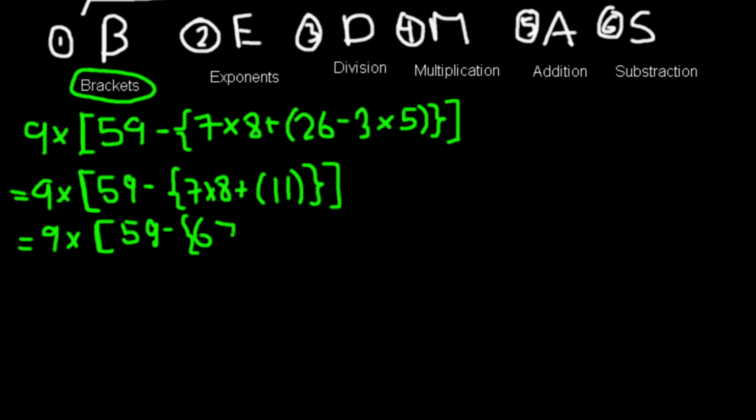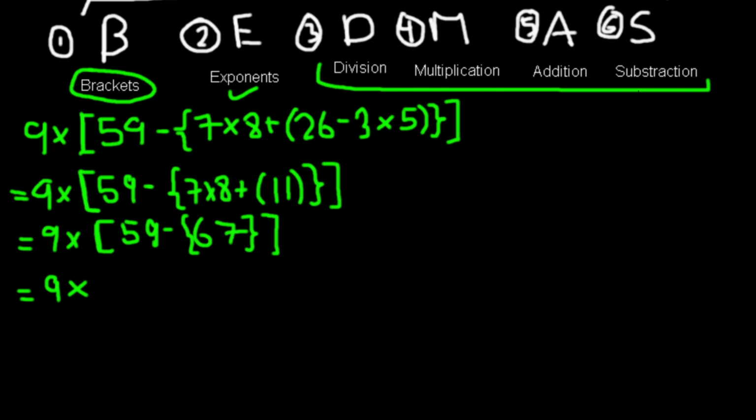Now everything's starting to look a lot more simple. We're still in brackets, but as we're doing brackets, we're slowly going through the checklist: there are no exponents, then division, multiplication, addition, subtraction.